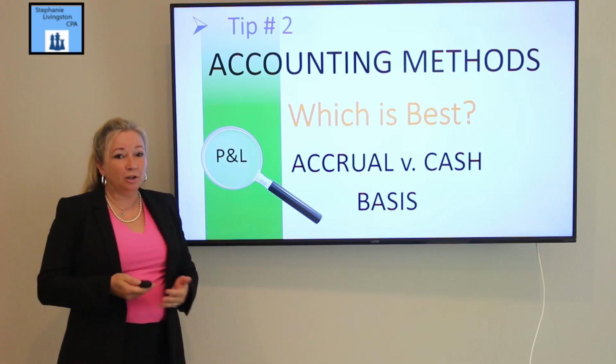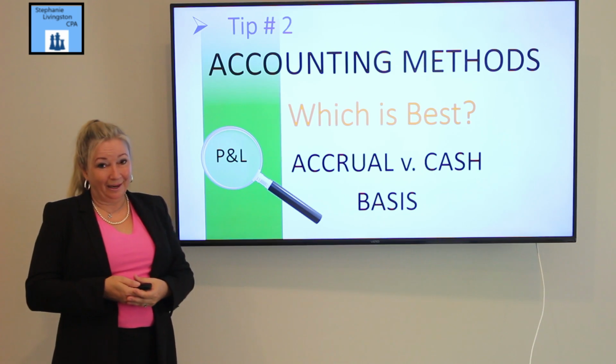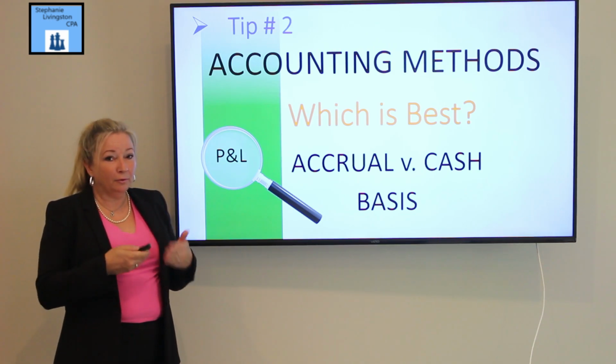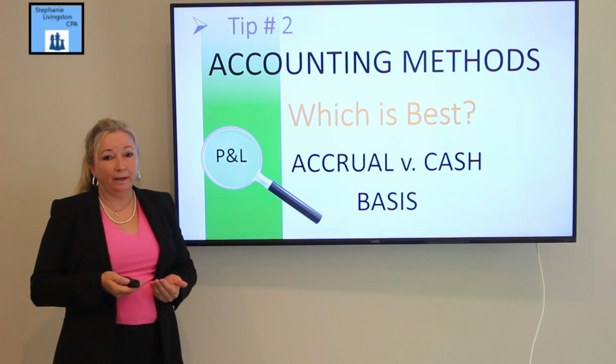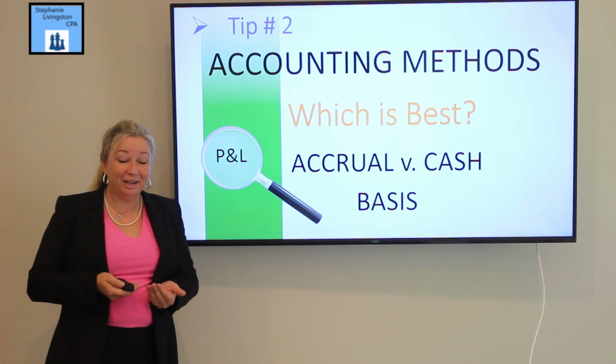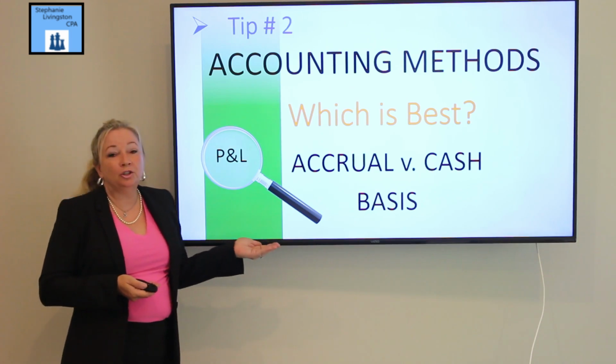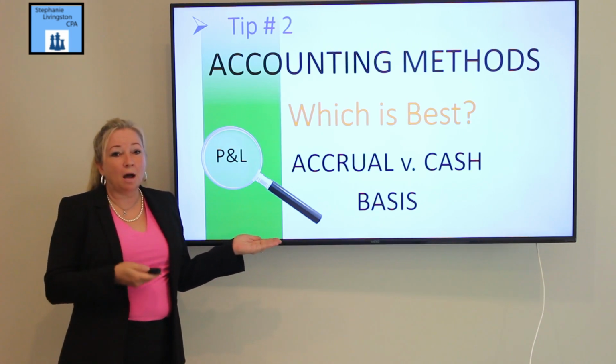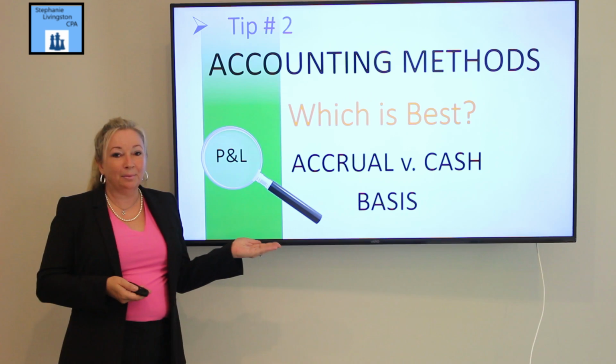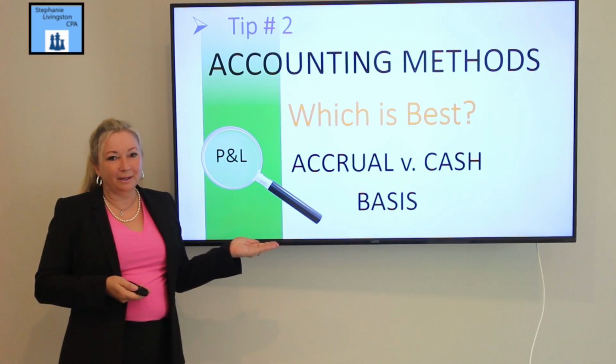So if you did a job in January and all of the performance was in January, you should be able to look at your January profit and loss statement and determine how much you made on the job. It is a job costing type of presentation. It doesn't mean that you paid your workers, and it doesn't mean that you received the money.